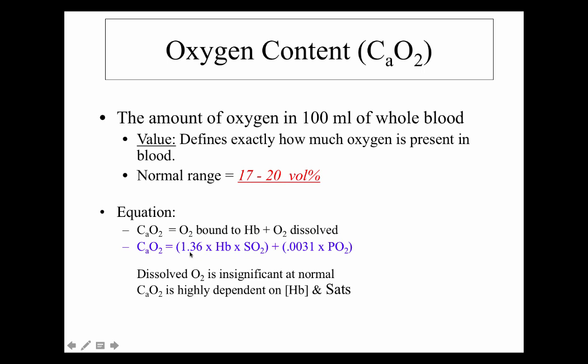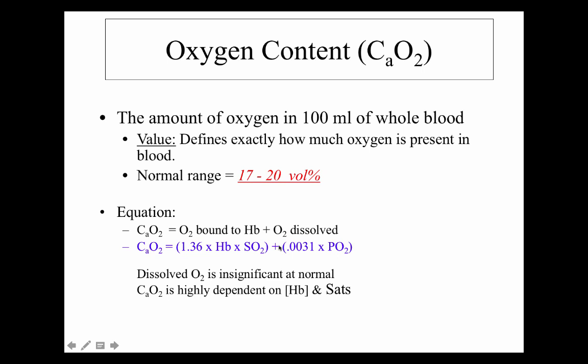Again, that stoichiometric constant, 1.36, is the amount of oxygen bound to 1 gram of hemoglobin. So we use 1.36 times the hemoglobin, which is measured in blood, times the saturation of that blood. That becomes the bound content.